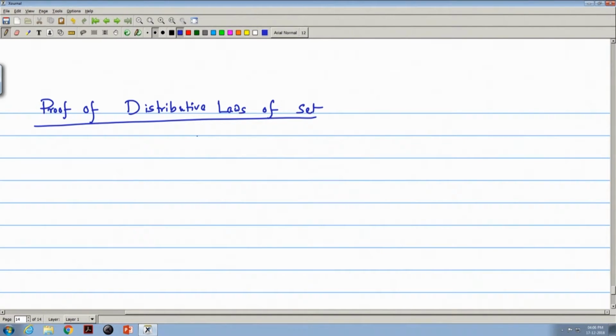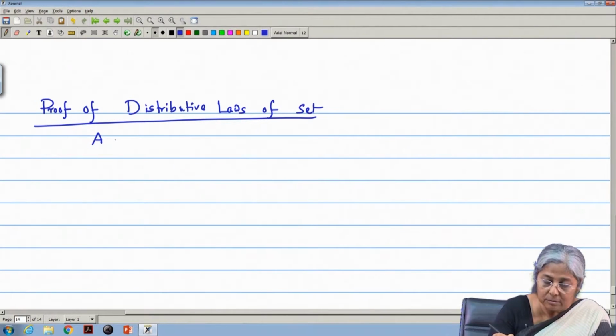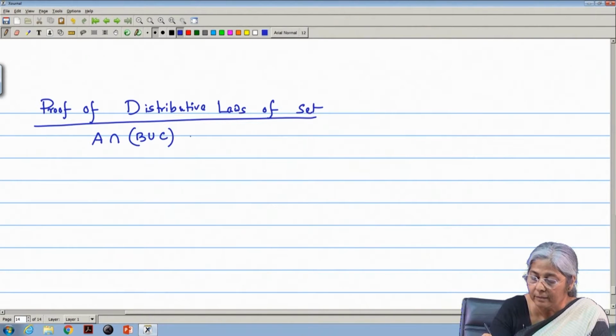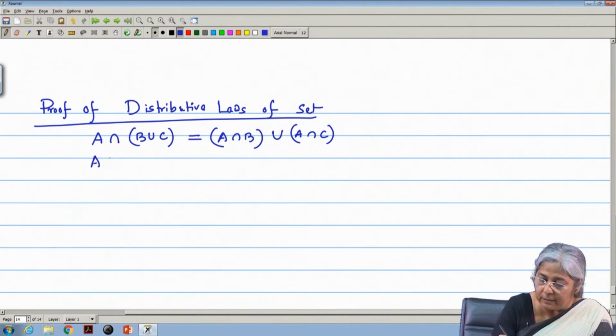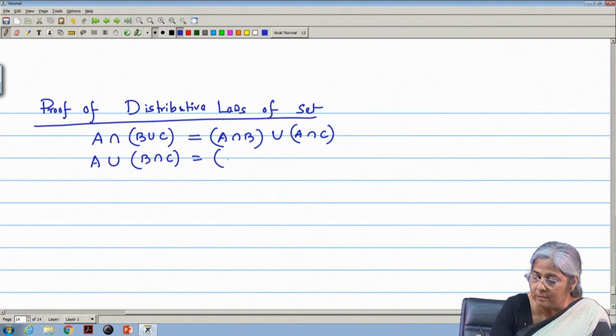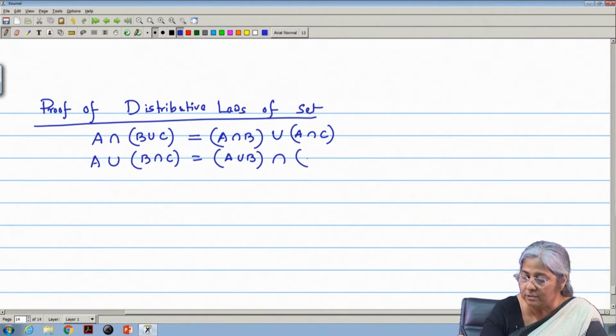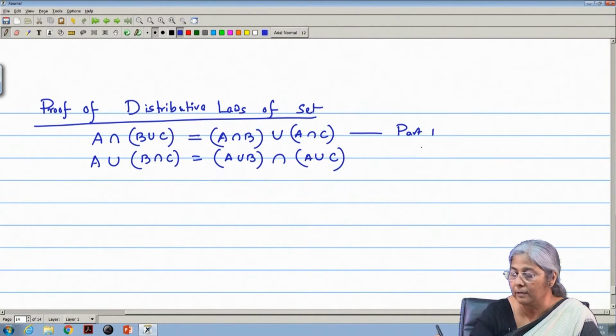Now, we write part 1 of the distributive laws, that A union B intersection C, or A intersection B union C, equals A intersection B union A intersection C, or I can write A union B intersection C is A union B intersection A union C. Again similarly, I can tell this is my part 1 and this is my part 2.